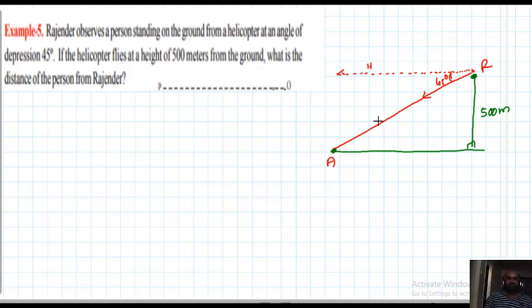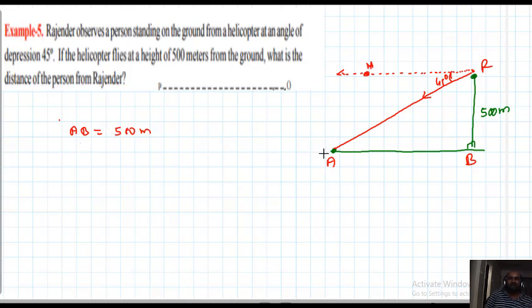So observe, students, this point is say B. You need to write what AB is. AB equals the height of the helicopter from the ground, that is 500 meters.